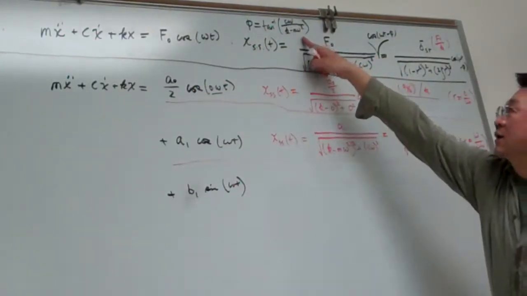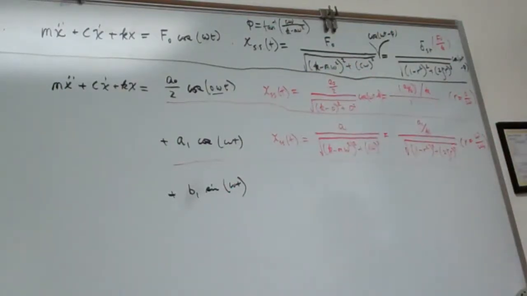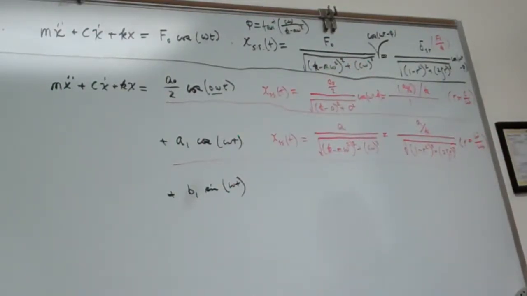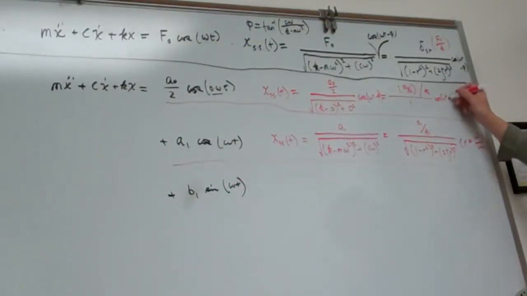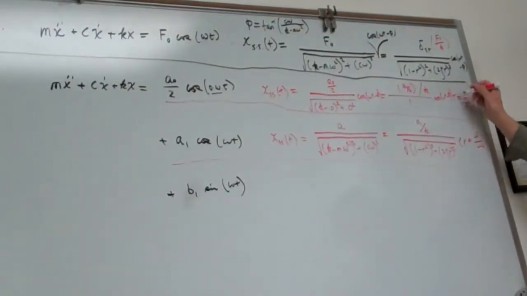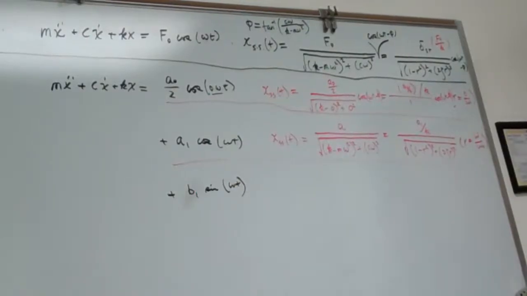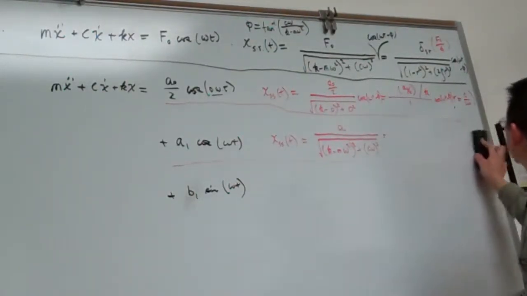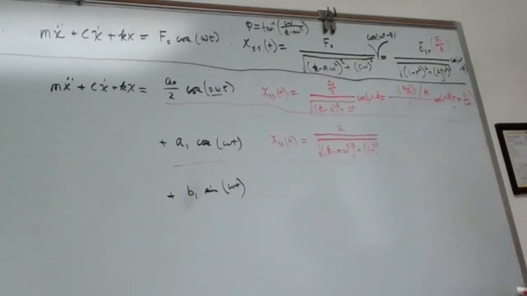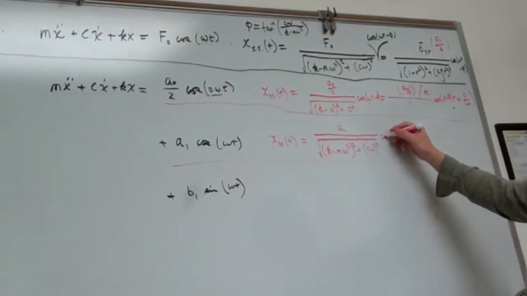For this case, the omega equal to 0. So here I multiply with cosine omega t minus phi.